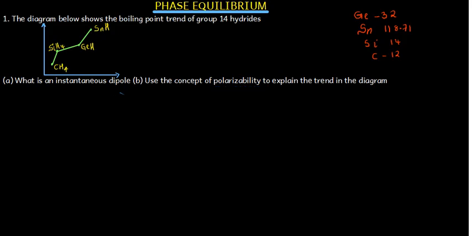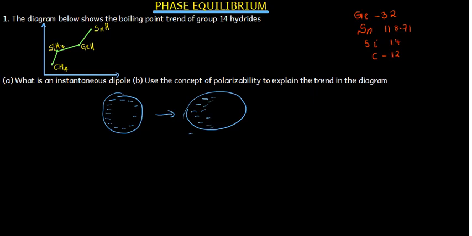If you have an atom or a molecule or an ion, it has electrons. How easily are you able to distort these electrons, to make them concentrate on one side such that it becomes polar? So this side becomes negative and this side becomes positive.